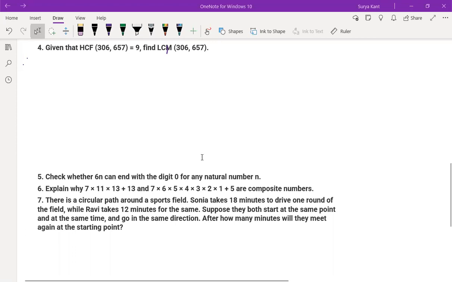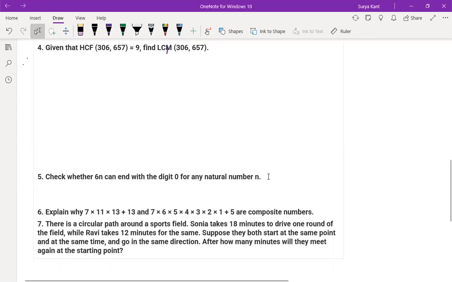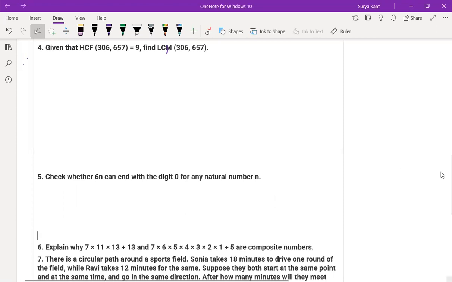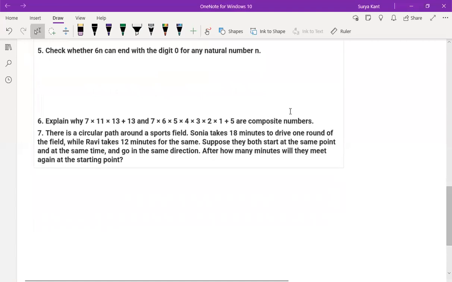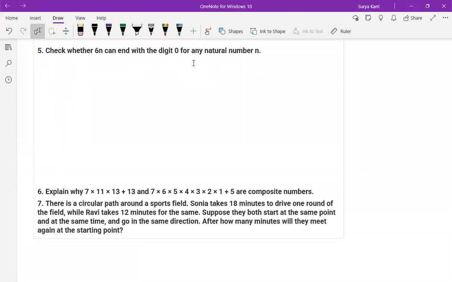Now the fifth question. Check whether 6 to the power n can end with digit 0. Is it possible, children, that 6 to the power n ends with digit 0? No, sir. Because 6 can be written in the form 2 into 3, right?